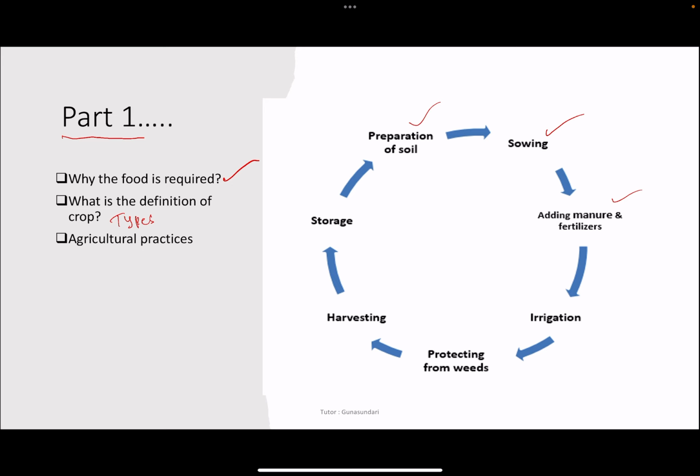In today's class we are going to discuss irrigation, protecting from weeds, harvesting and storage. Let us discuss one by one.